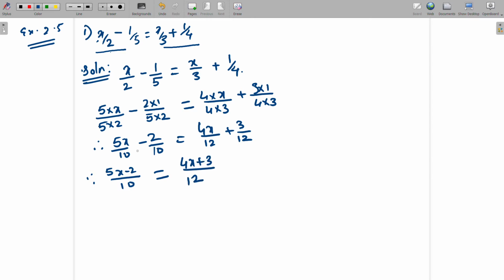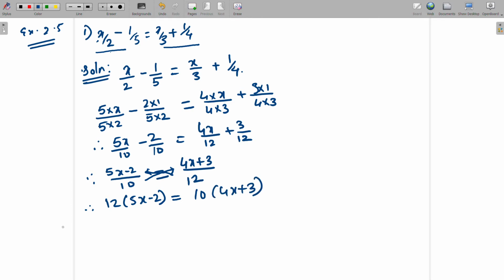Now here you can do the cross multiplication. Multiply 12 on this side of the equation and 10 on this side of the equation. Therefore, 12 into 5x minus 2 is equal to 10 into 4x plus 3.